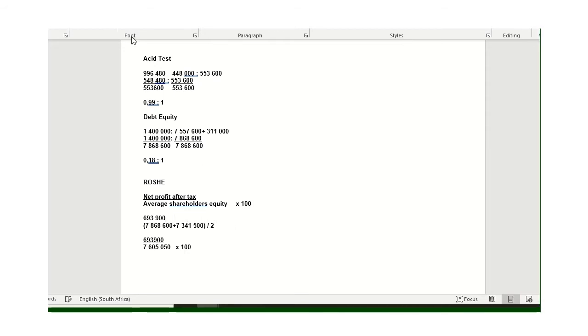Okay, let's just complete it. That one also should have been times 100. Right. So if I do that, take 693,900, divide by 7,605,050, get an answer, multiply that by 100, it will give me 9.